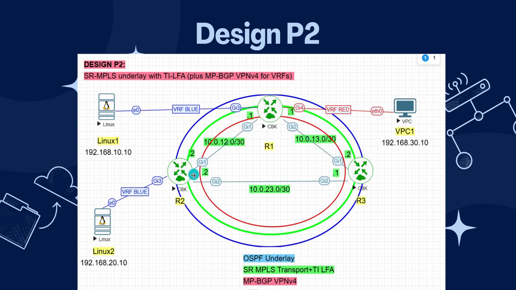So they can exchange labels for MPLS connectivity by using segment routing, and it has TI-LFA. TI-LFA is the topology independent loop-free alternate, and this is the fast reroute mechanism used by segment routing.